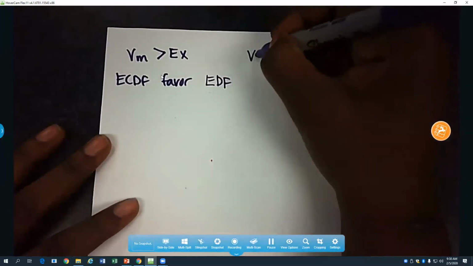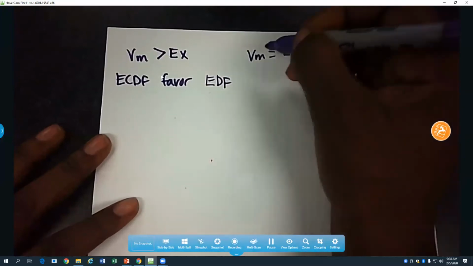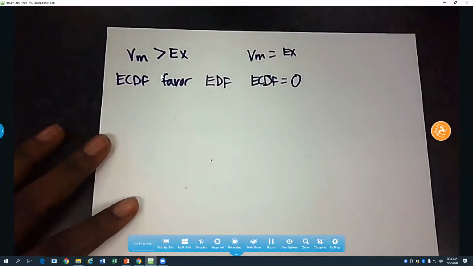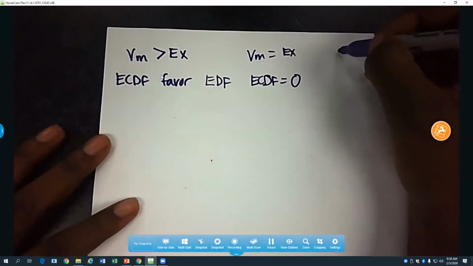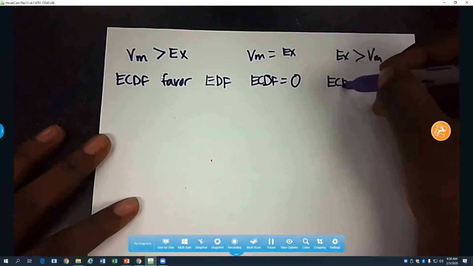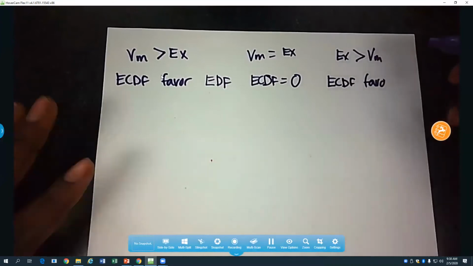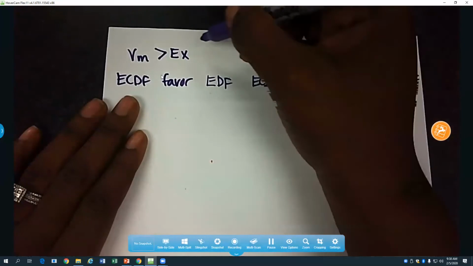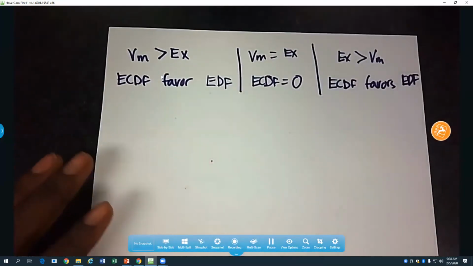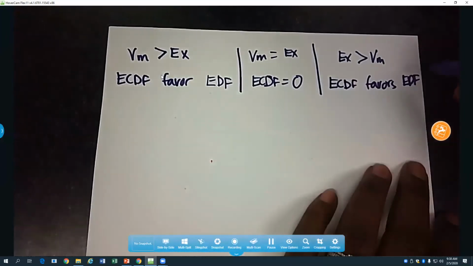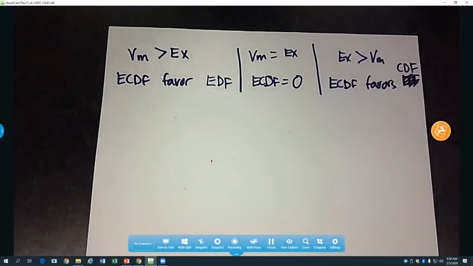We said if the membrane potential was equal to the equilibrium potential, then the ECDF equals 0, right? There's no movement. And then we said if the equilibrium potential was greater than the membrane potential, then the ECDF favors the chemical driving force.